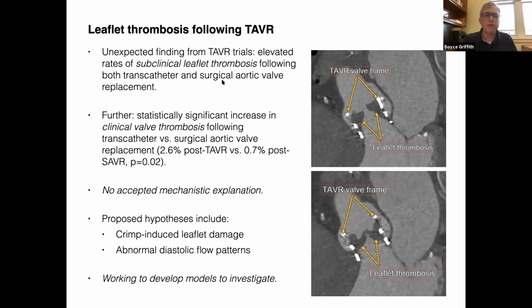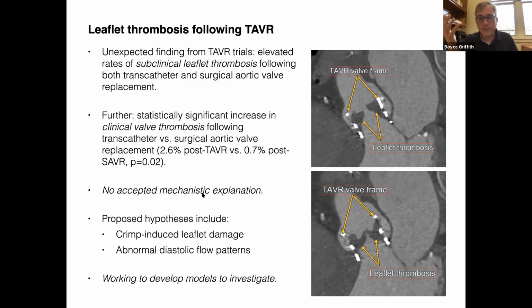This happens following both transcatheter and surgical aortic valve replacements at rates that I think are higher than expected. And there's recent data showing, concerningly, a statistically significant increase in clinical valve thrombosis following transcatheter valve replacement as compared to surgical aortic valve replacement.